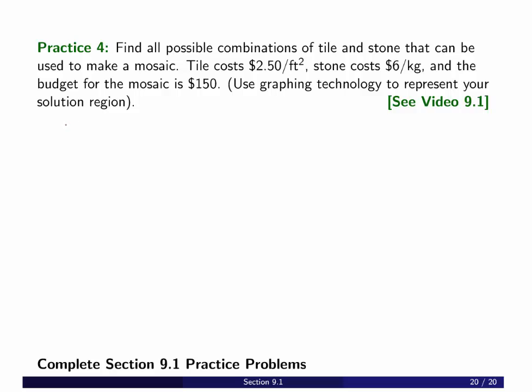So I'm going to let x represent the foot squared of tile, not the cost. That's important. And I'm going to let y represent kilogram of stone.